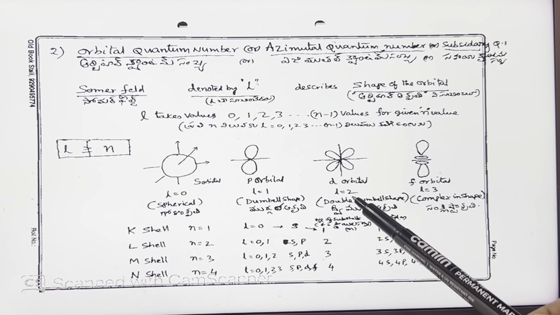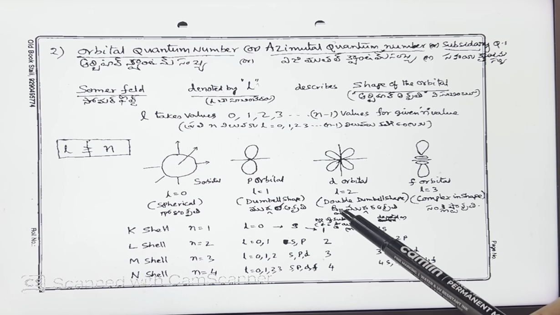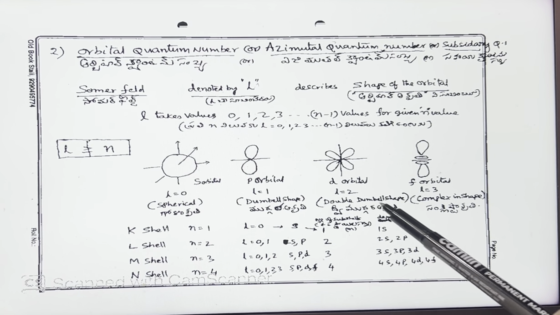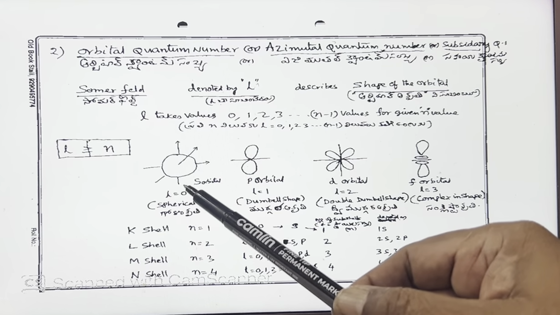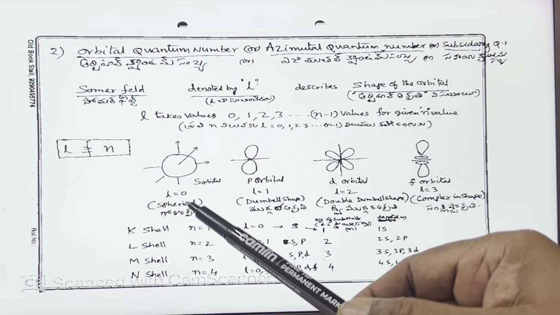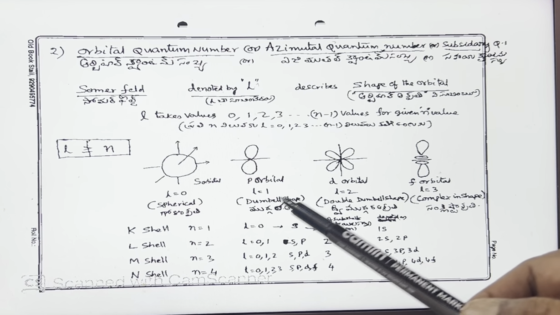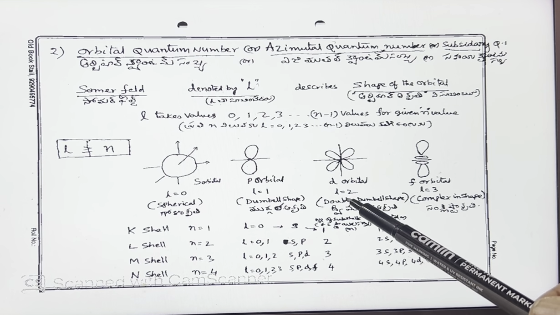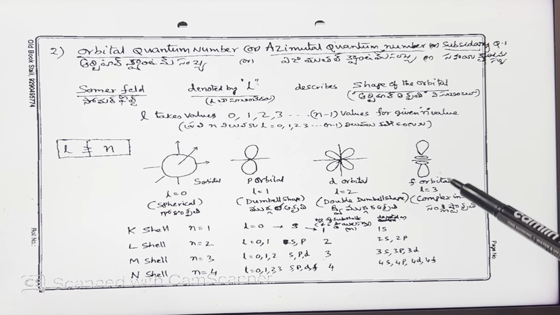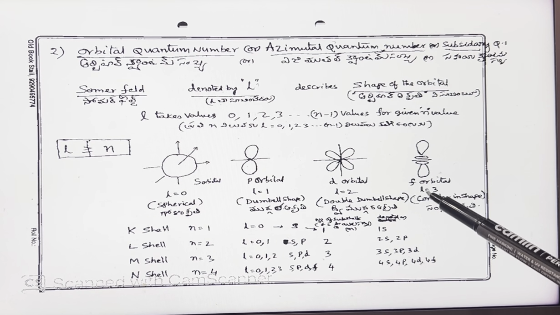If L is equal to 2, it is the d orbital, which is double dumbbell shaped. For s orbital, L is equal to 0. For p orbital, the L value is 1. For d orbital, the L value is 2. The f orbital is complex in shape, and its L value is 3.